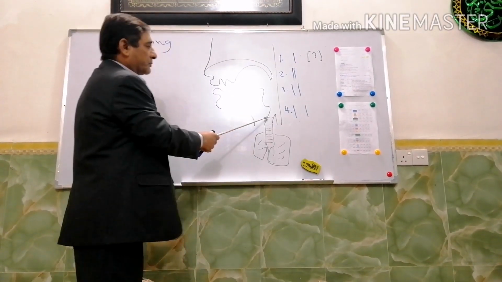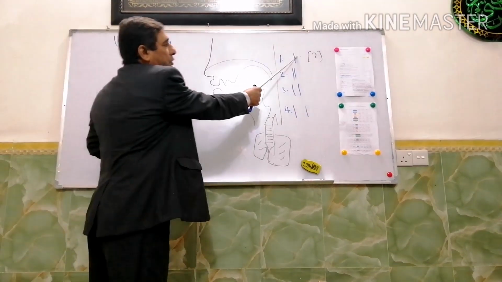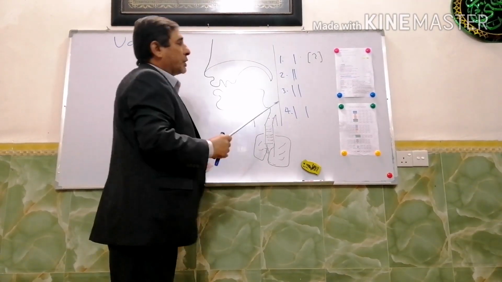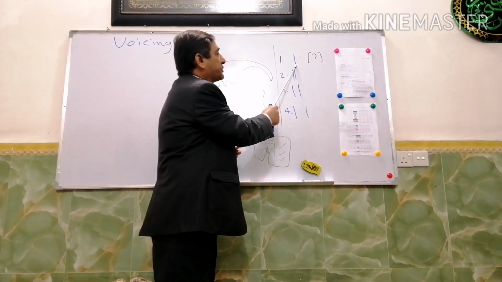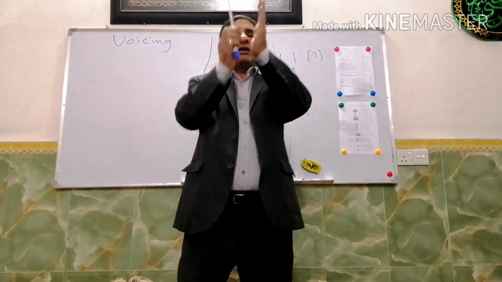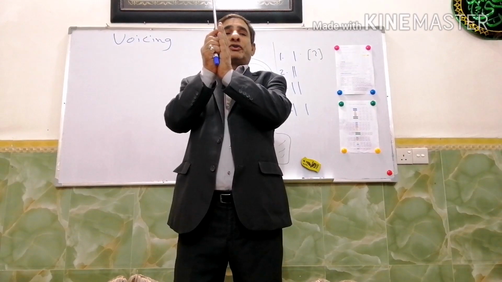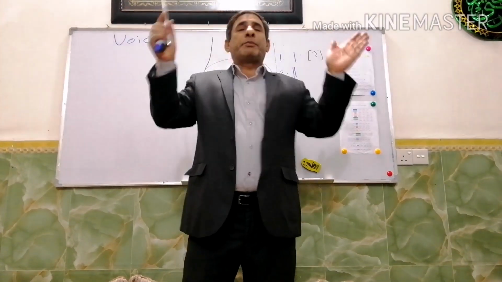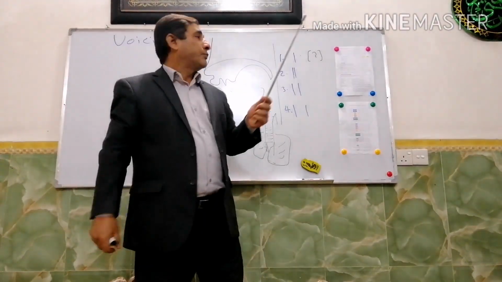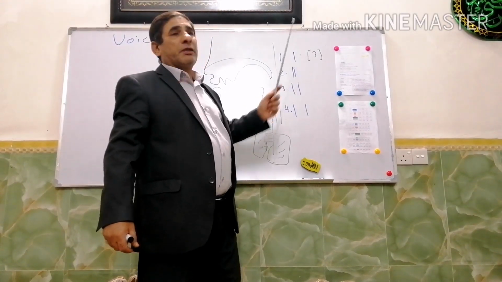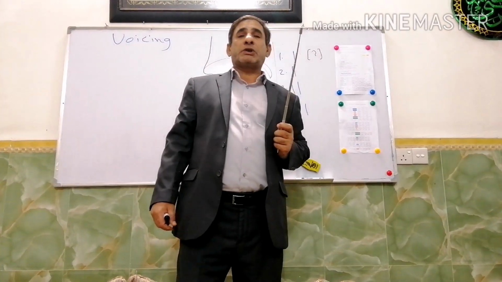Now when the breath comes to this point, it stops for a short time, and then the vocal folds open suddenly. This is the case when we produce the glottal stop, the only such sound produced in English.